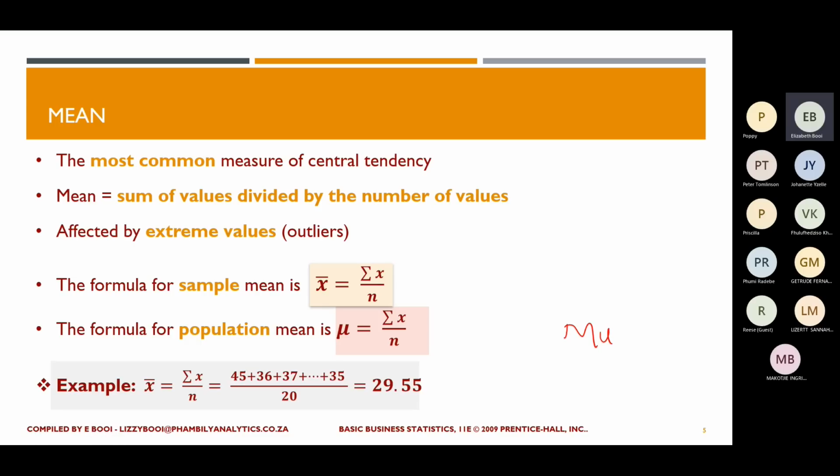That's as easy as it is to calculate the sample mean. If we were to calculate the population mean, we would take the sum of all the age values, add them together and divide by how many there are, and it would be the same as the sample mean. So it will be 29.55.